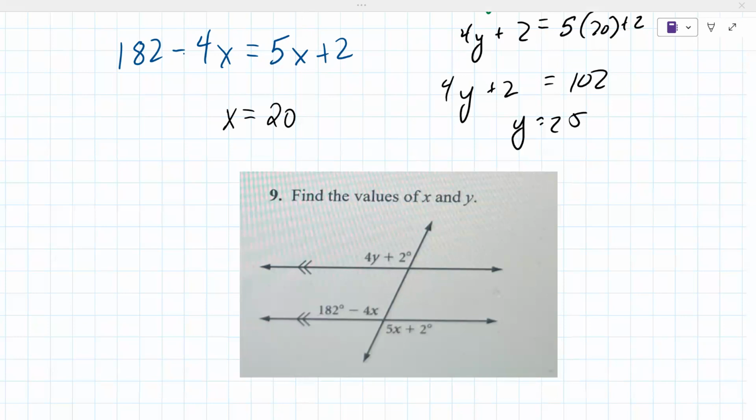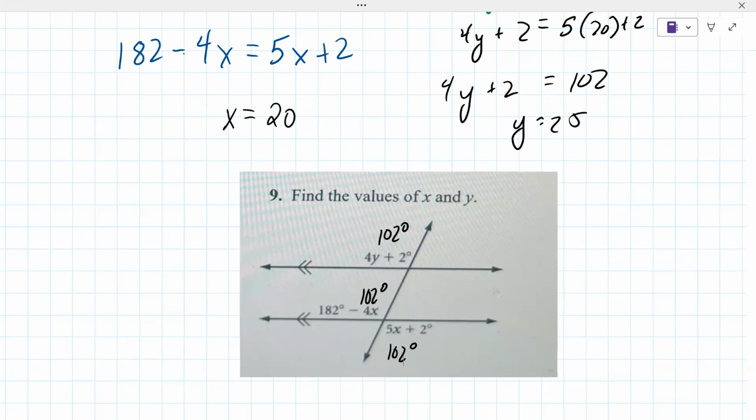Okay, I'll do 4y plus 2. So 4 times 25 is 102. Okay, which means this one is also 102 degrees, because they're all congruent. Yep, got it.